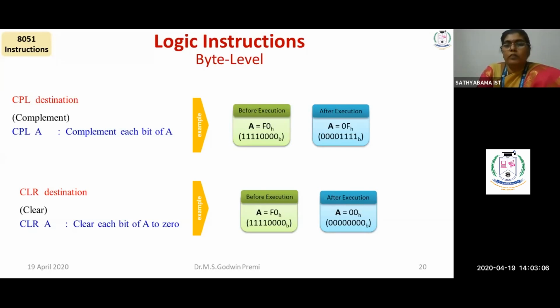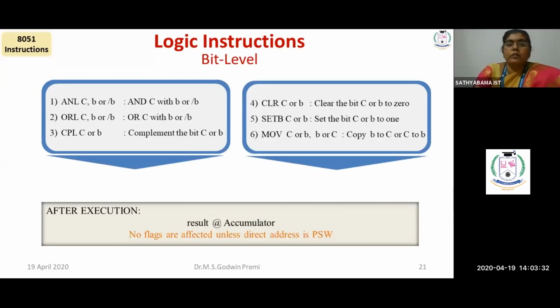So 1 as 0, 0 as 1. Just you can see A is F0 means after execution we will be getting A as 0F. Clear destination means here destination is only the accumulator. Before execution, whatever the content of accumulator we have, it will be modified to 0. All the 8 bits will be modified to 0. That is clear A. So these are the byte level instructions we have studied.